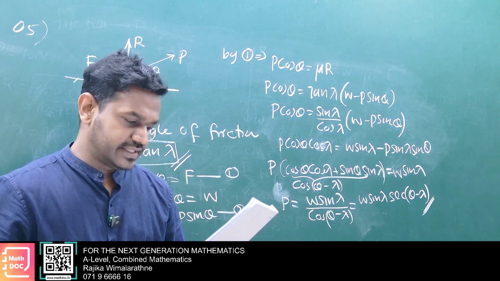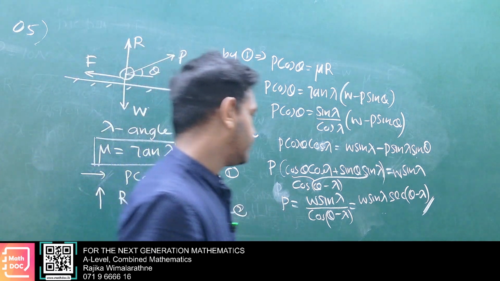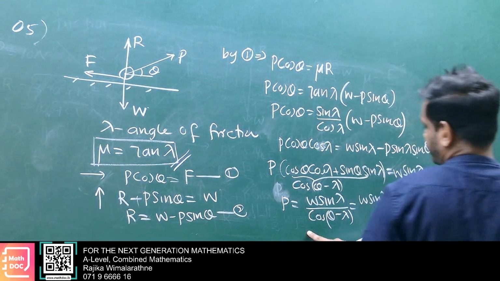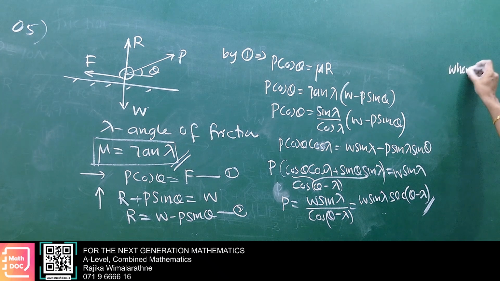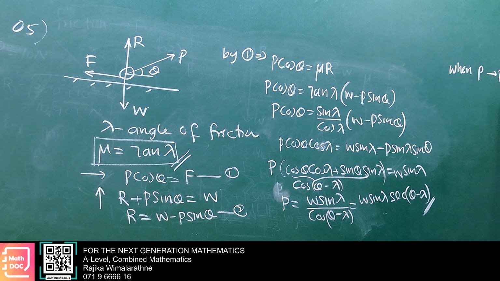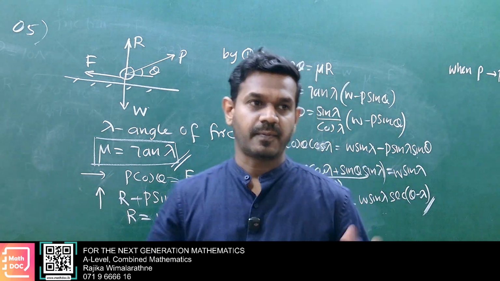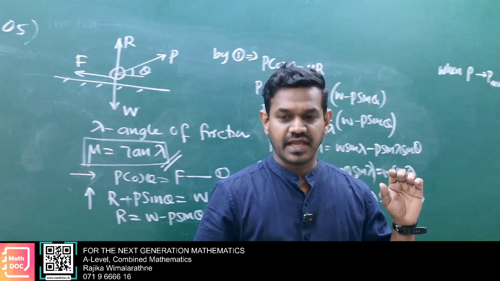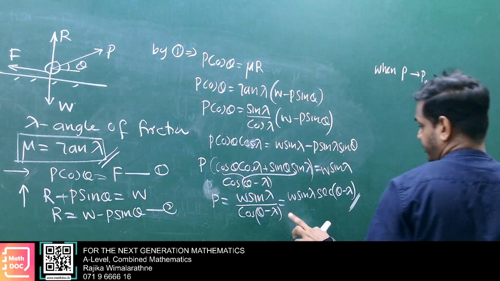State the value of theta for which the force is minimum. For minimum P, we have to vary theta. Here this is theta, no?